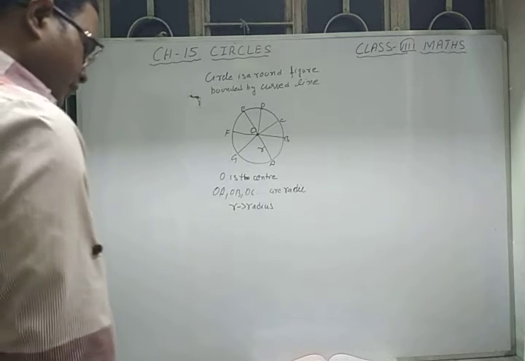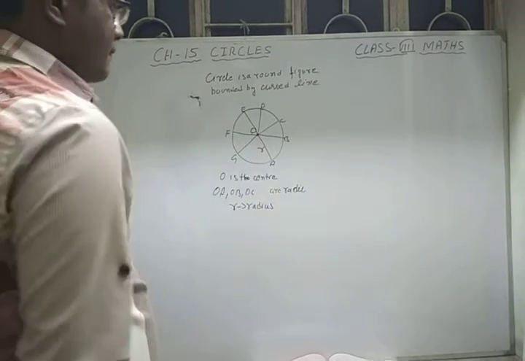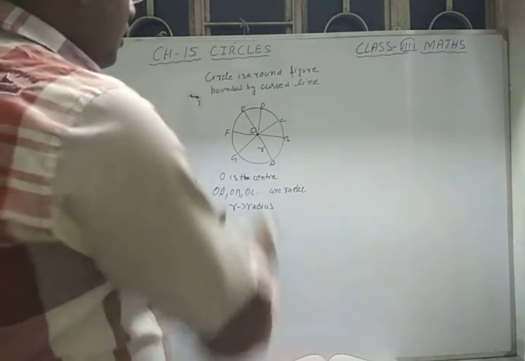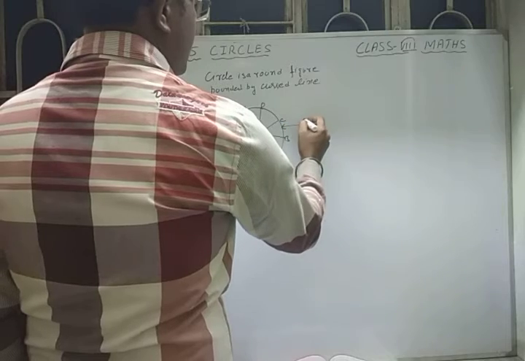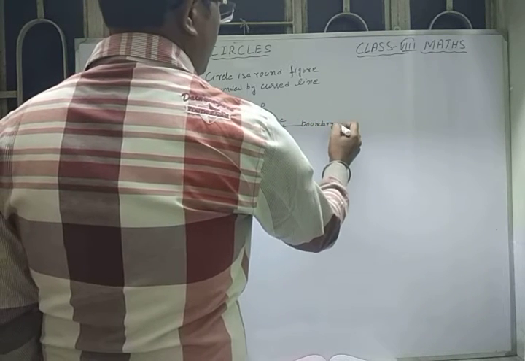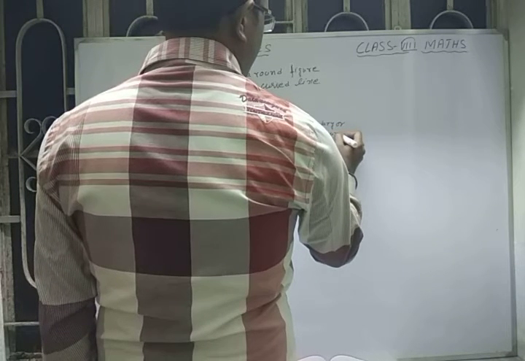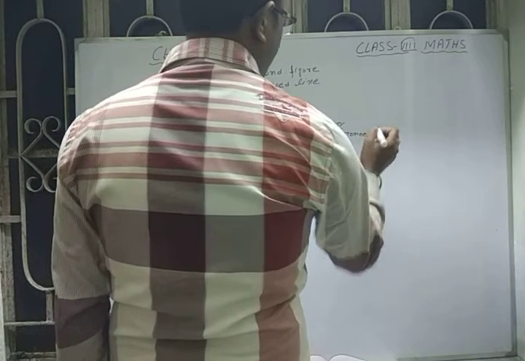Okay, next is the circumference, the outer boundary of this circle.